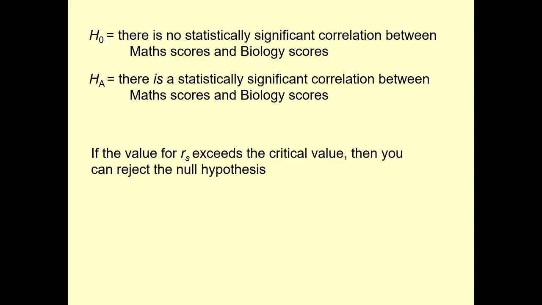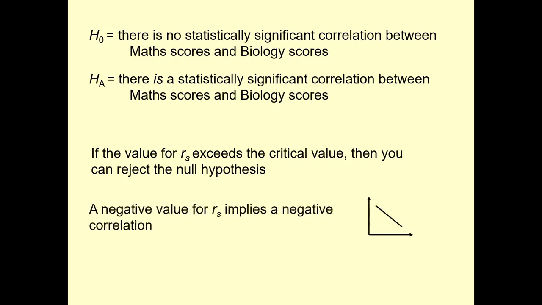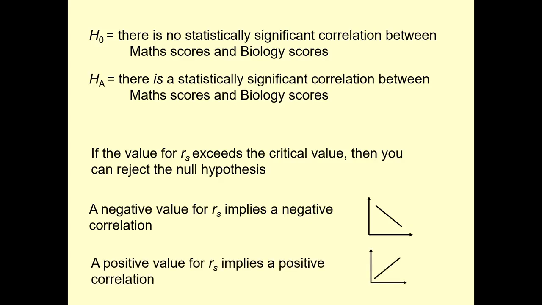If the RS value exceeds a critical value, then you can reject the null hypothesis. Let's not forget, a negative RS value implies a negative correlation, and a positive value for RS implies a positive correlation.